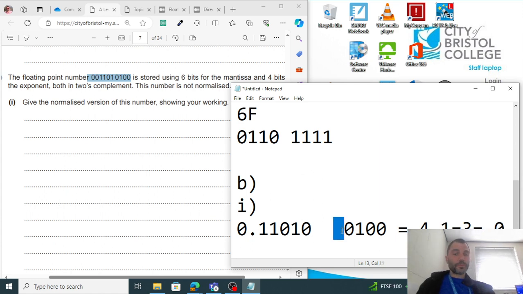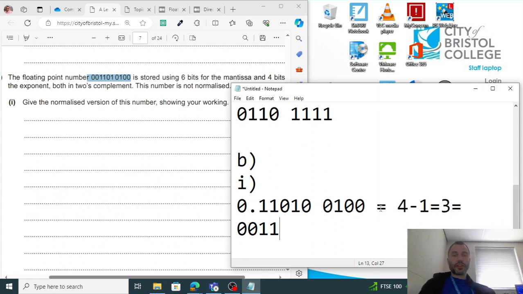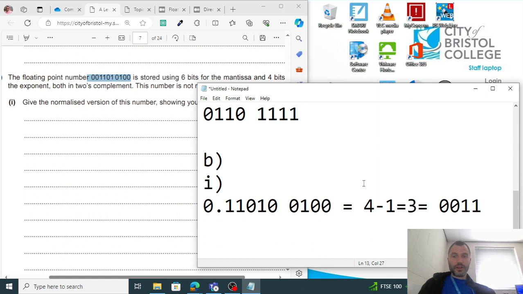What's binary for 3? 0, 0, 1, 1. Right, okay, thanks. So that's the new exponent, and then this is the number in normalized form.